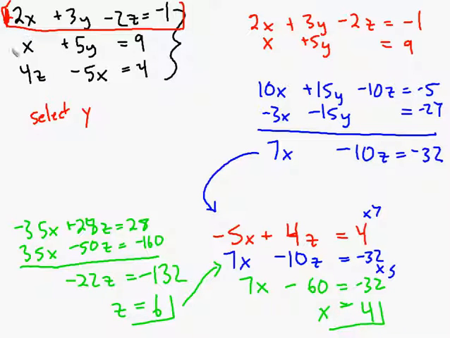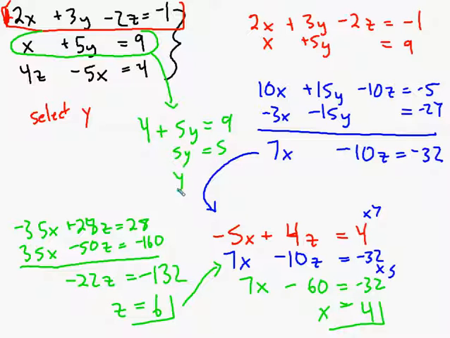Now I could get y right here with this one. Do you see this one? There's less to substitute in, so I'll use that one. So I have 4 plus 5y equals 9. Subtract my 4. Divide by 5. So our final answer is 4, 1, 6.